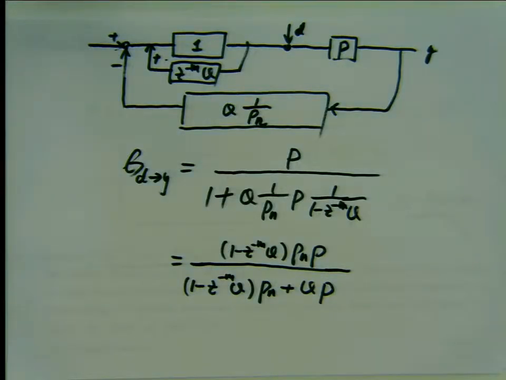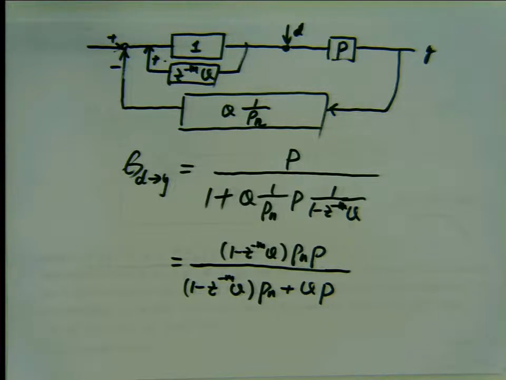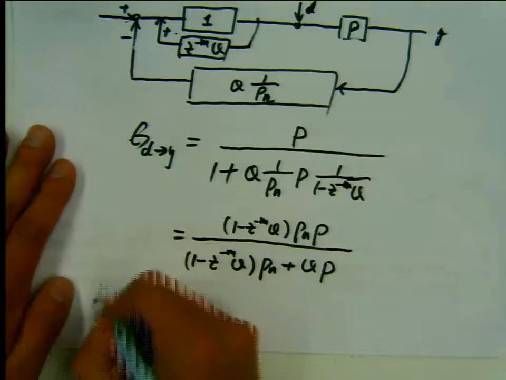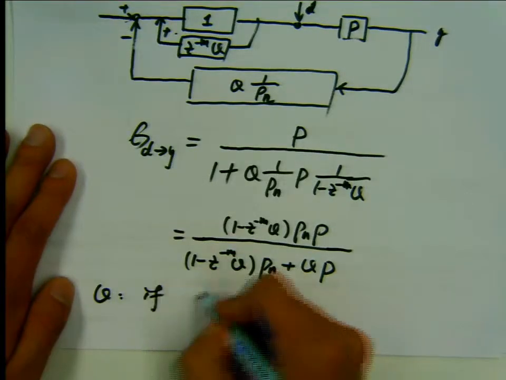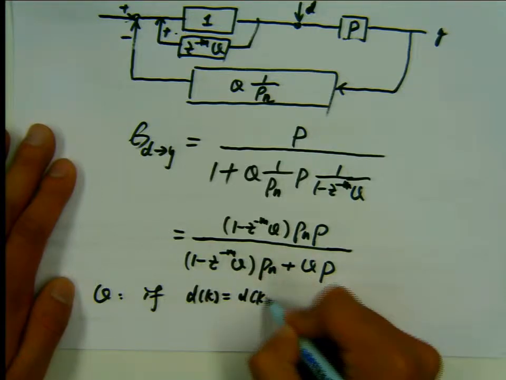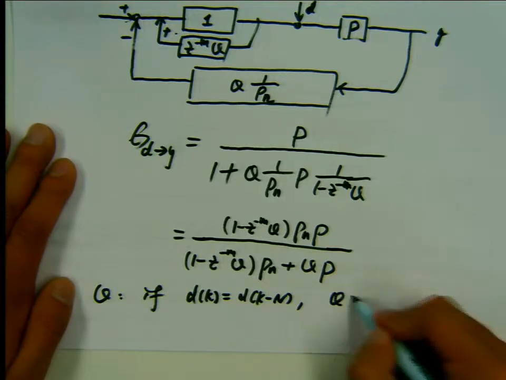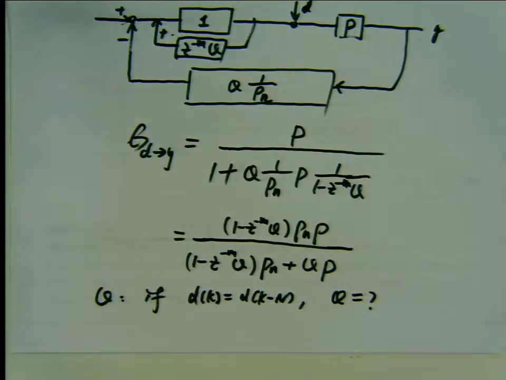Okay? Now, look at this transfer function. My question is, if D is periodic, if d_k equals d_(k-N), how should we design Q to have good disturbance rejection?